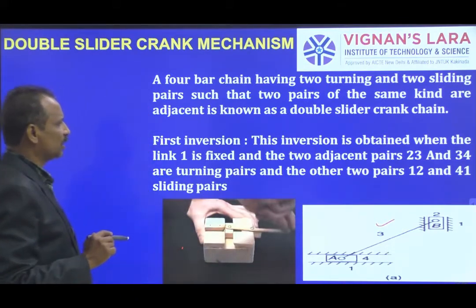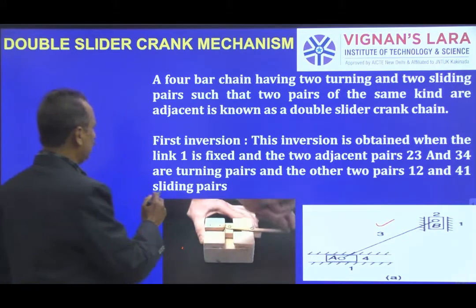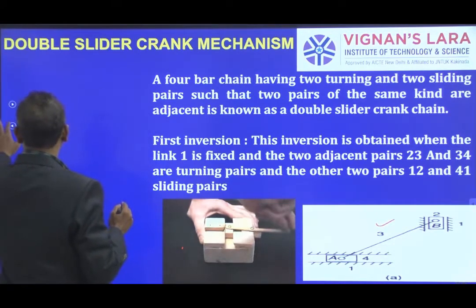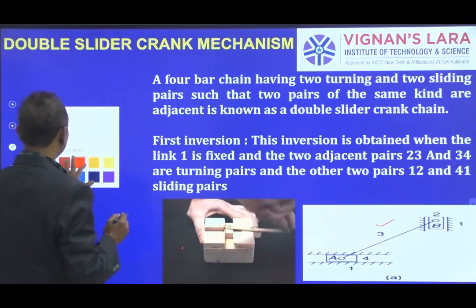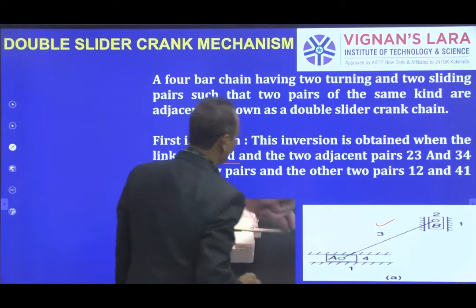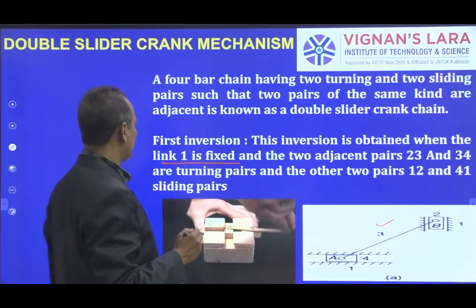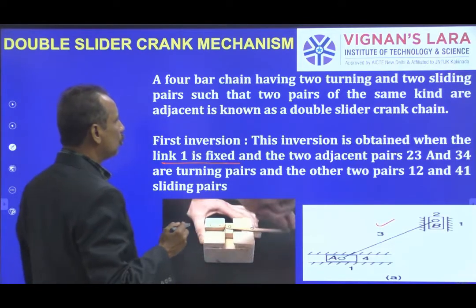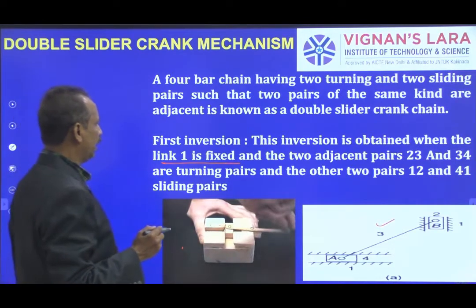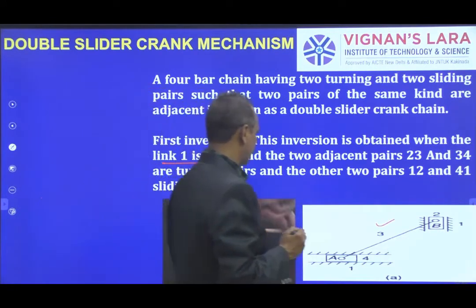This is the first inversion. This inversion is obtained when link 1 is fixed. So the 2 adjacent pairs, 2, 3 and 3, 4, are turning pairs, and the other 2 pairs, 1, 2 and 4, 1, are sliding pairs.